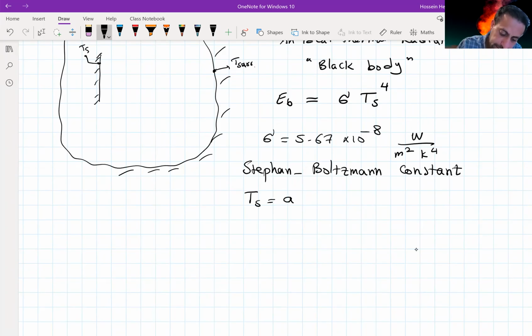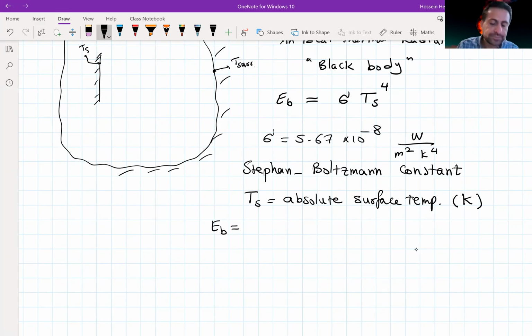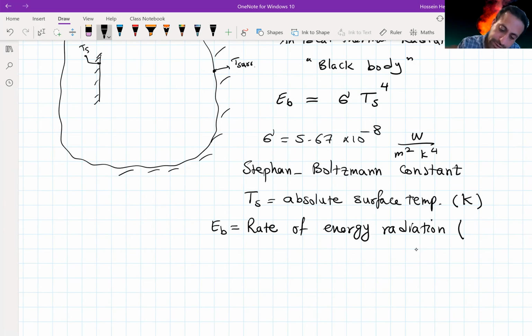Ts is the absolute surface temperature of the object that we are looking for, definitely in Kelvin, and EB, we call it the black body energy radiation, is the rate of energy radiation, which has a unit of watt per meter square.